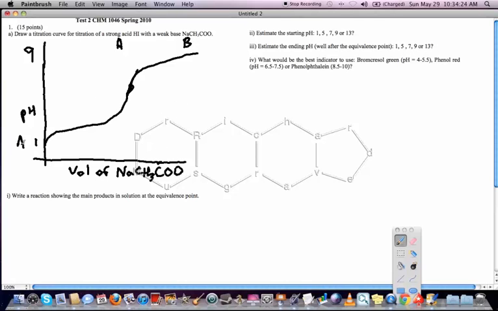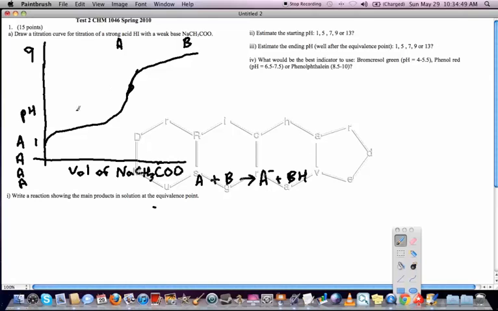We'll start out with, say, 4 of them. And the acid will react with the base, and it will form an anion for the acid, and we'll get the base here.